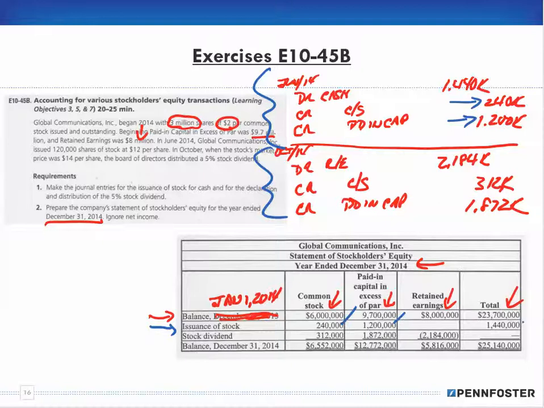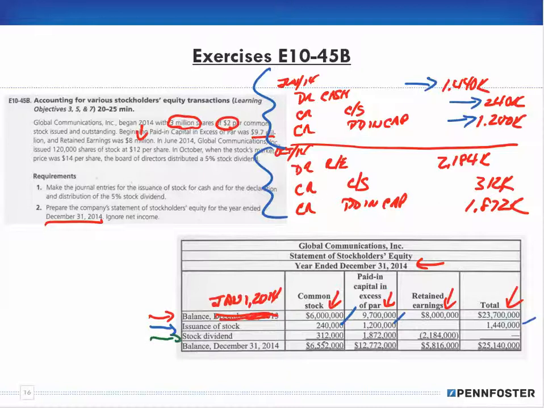So that total is what we've received in cash. But realize that this figure is not cash; it is equity, but it should balance to the 1,440,000.